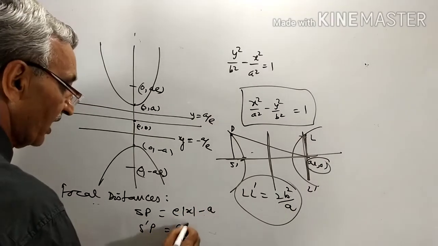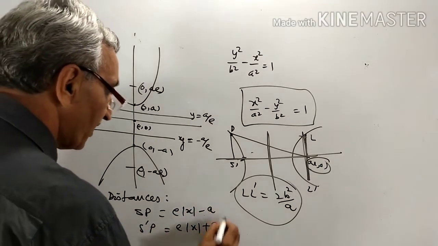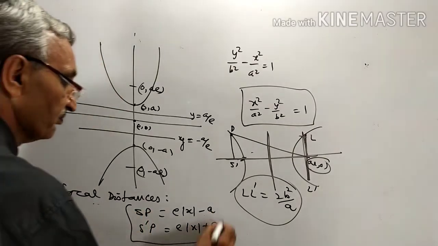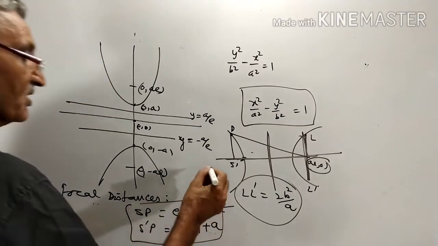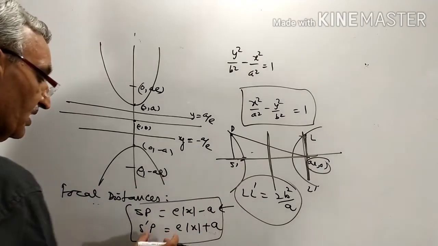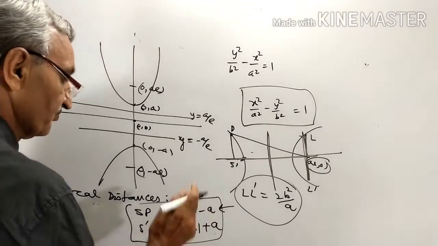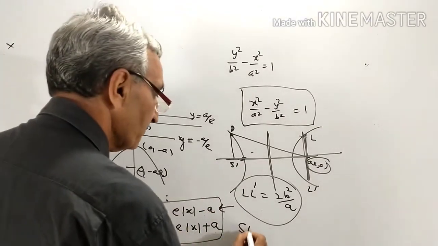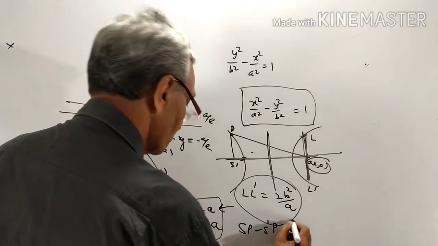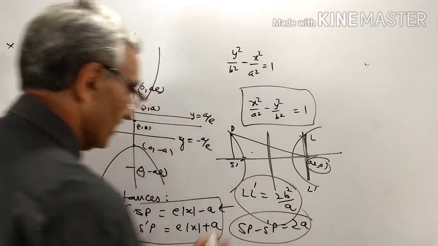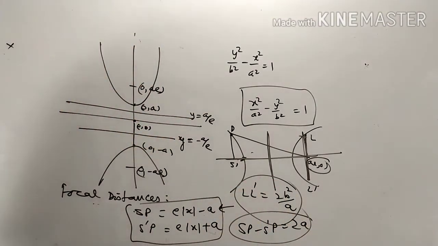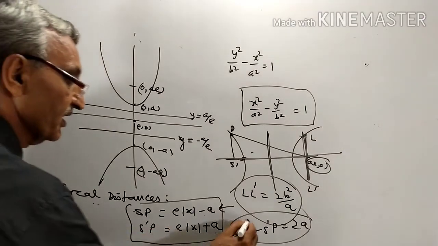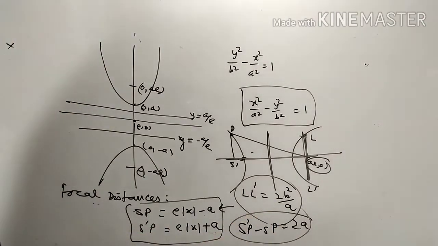For the focus which is far, it is plus, and for the distance of P from the nearer focus, it is minus. And you find here that S'P minus SP is equal to 2a.